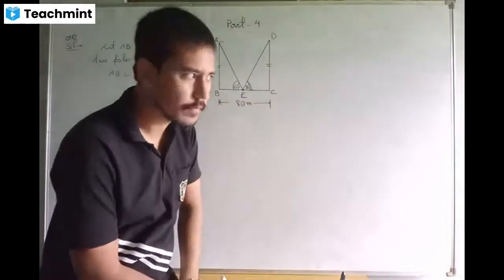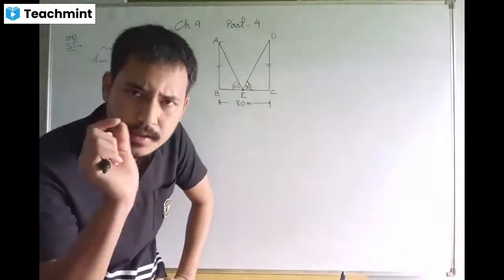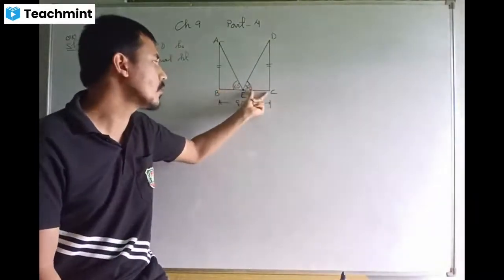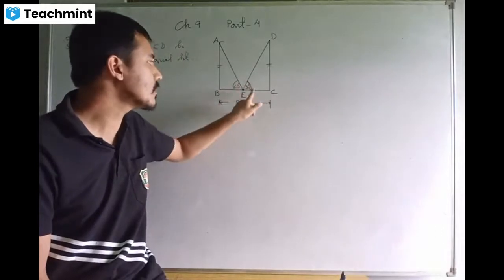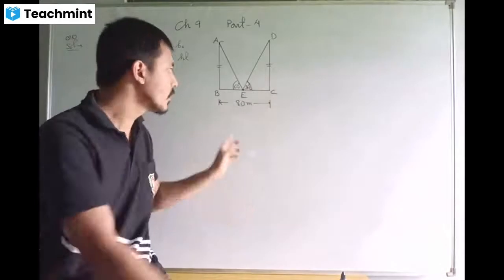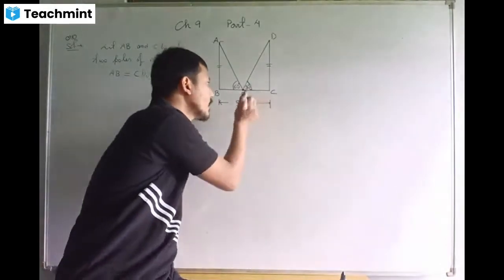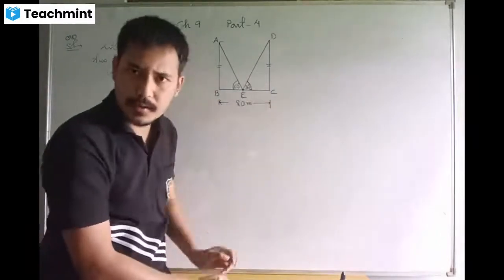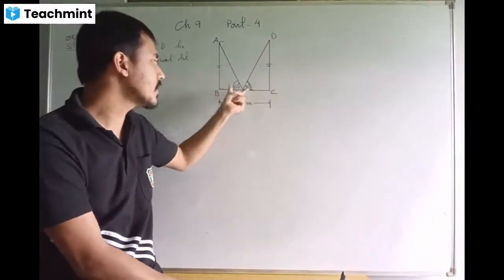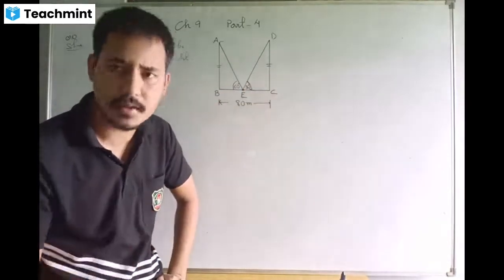Now, if E is the midpoint, then each of these would be equal to 40 meters and 40 meters, right? Are you following me? The length of BC is 80 meters. If E is the midpoint, then BE and CE would each have been equal to 40 meters.